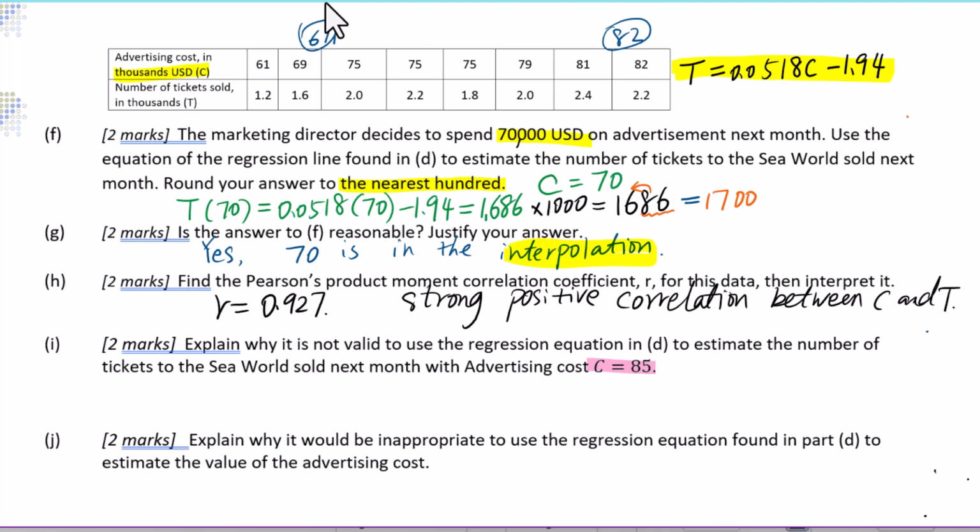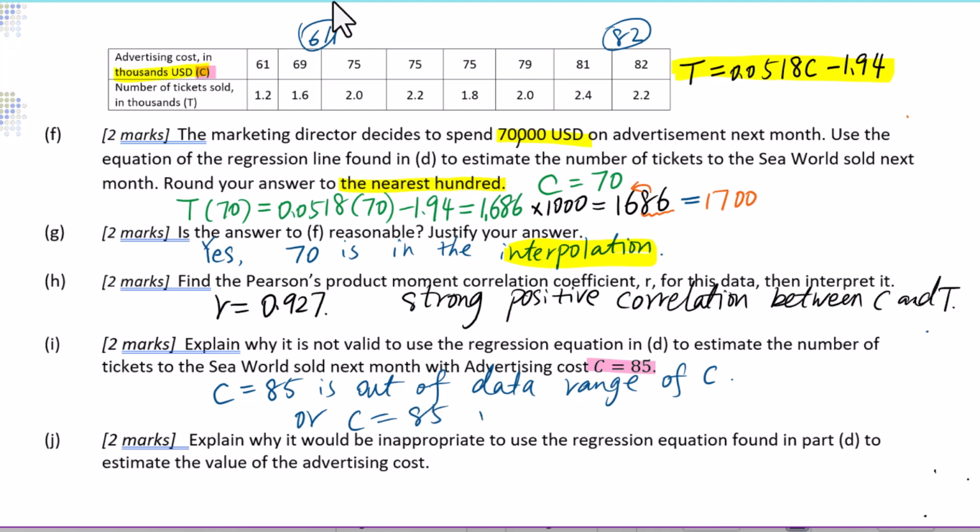You know the data range for this C is between 61 and 82. So 85 is extrapolation. You can say C equals 85 is out of data range. C equals 85 is extrapolation. Both answers are correct.